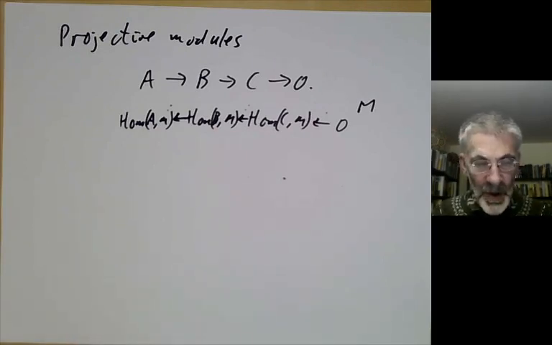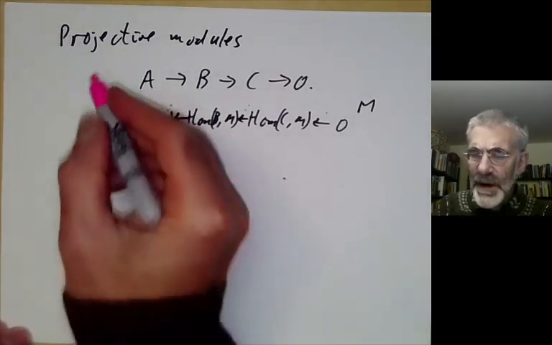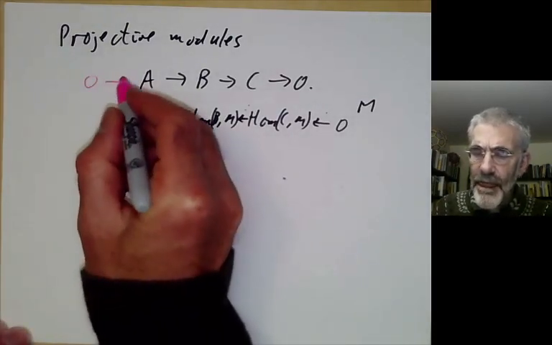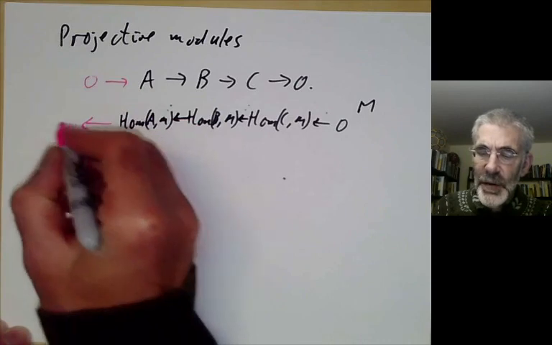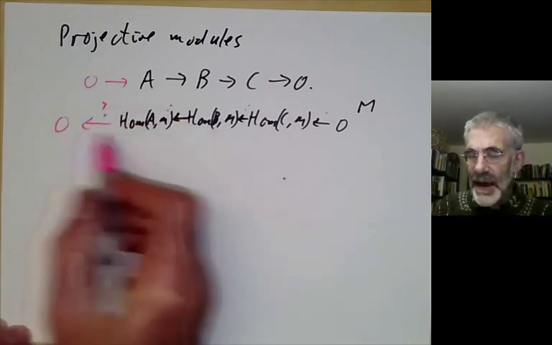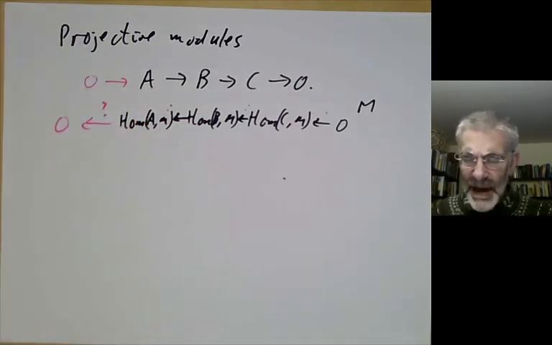And you can ask, well, why don't we extend this a little bit? Why didn't we have a 0 here? And then you might hope that you're going to get an exact sequence like that. Well, the trouble is that fails.